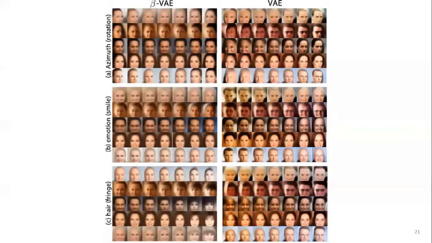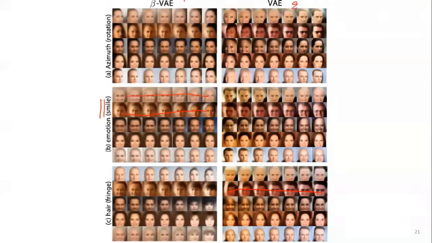Now what they're also doing is changing the smile. Hopefully you can see that people over here are either smiling or not smiling in one direction. It's a bit hard to tell, but you can see that other features are also changing. Again, glasses are changing.